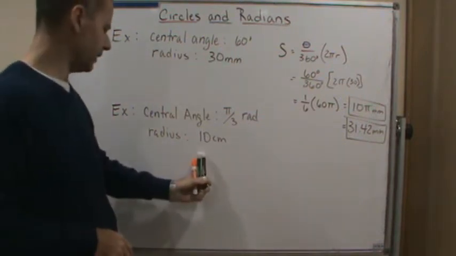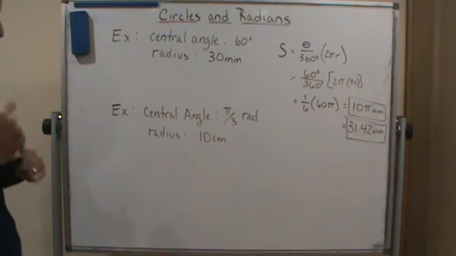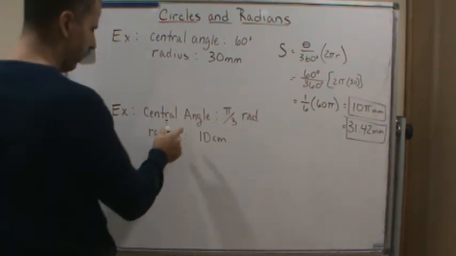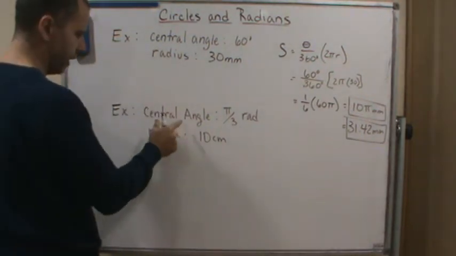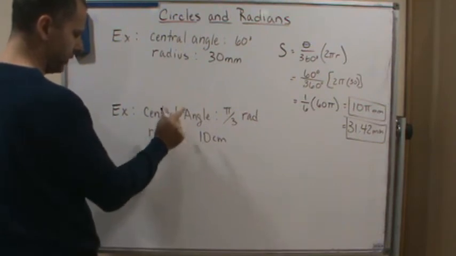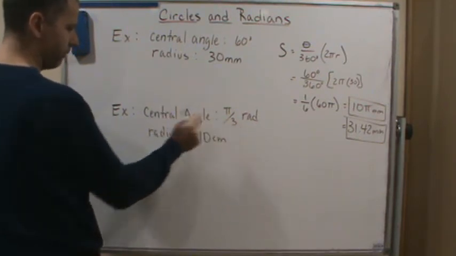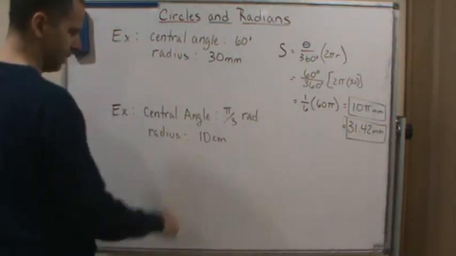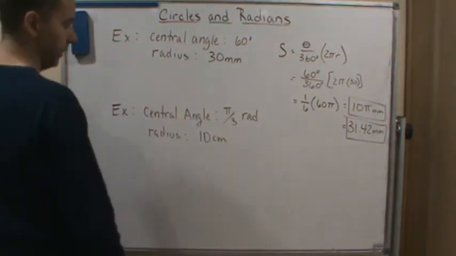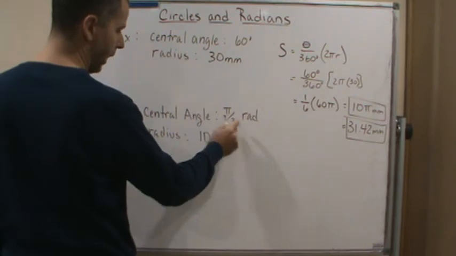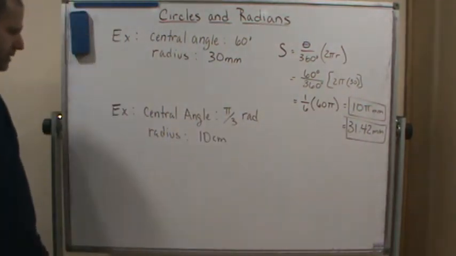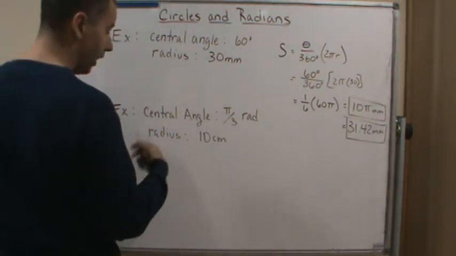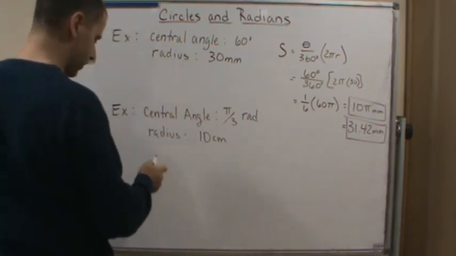Okay, now let's do this one. This one's in radians. So we want to find the arc length of a sector of a circle that has a central angle of pi over 3 radians, which is the same as 60 degrees, with a radius of 10 centimeters.